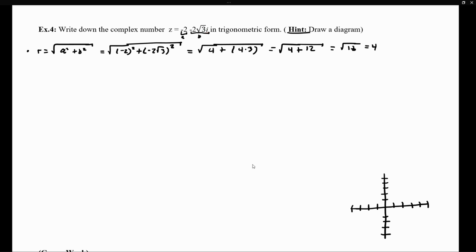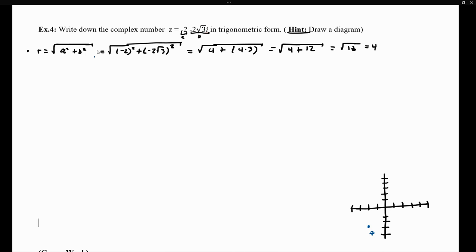I'm saying that my real part, let me use a different color here, is negative 2, so that's about negative 2 here. And my imaginary part is negative 2 square root of 3, which, negative 2 times the square root of 3, is about negative 3.4. If we plot this, x is negative 2 and y is negative 2 square root of 3. So this is where my z point will be located.